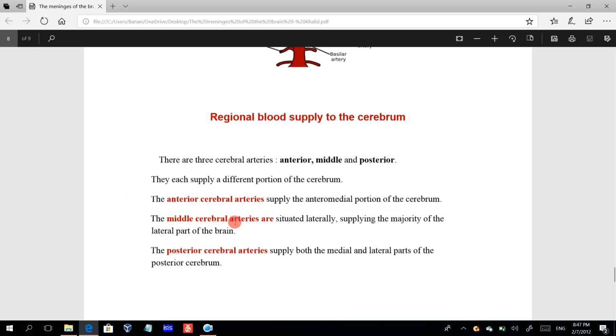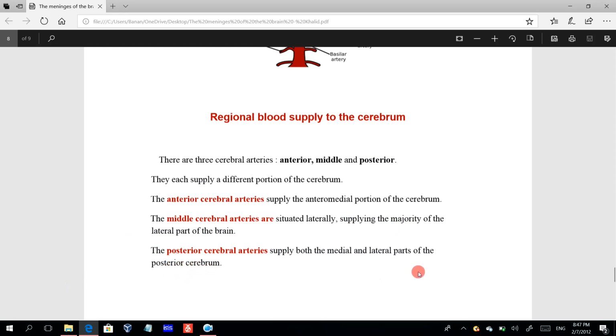The middle cerebral arteries are situated laterally, so they are supplying the majority of the lateral part of the brain. And the posterior cerebral arteries supply both the medial and lateral parts of the posterior cerebrum.